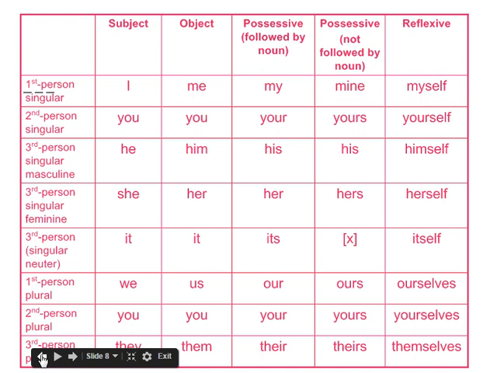If you think about it, you will realize that when it is followed by a noun, we use that first form, as in my bicycle. However, when it is not followed by a noun and the sentence just sort of ends, then we use the second form. It is mine. And just with that third person singular masculine, his and his is the same. It is his bicycle. It is his.